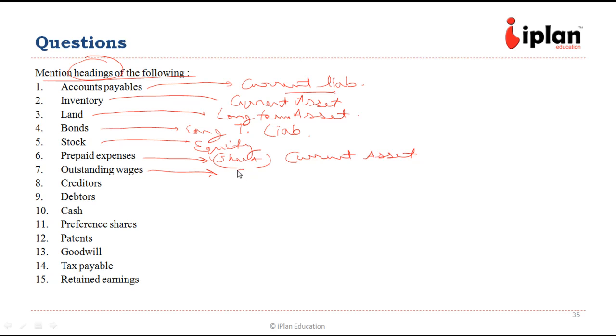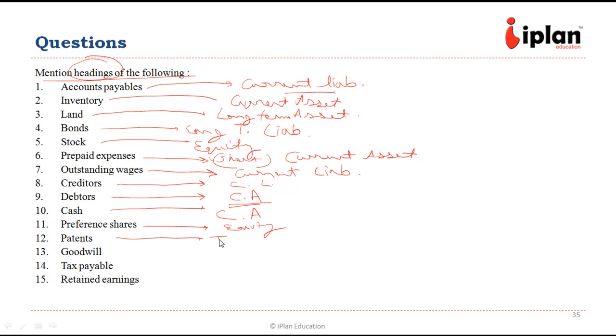The outstanding wages which are to be paid become a liability in the short term. So current liability. Creditors which are to be paid in the short term are again current liability. The debtors from whom we are expecting a payment become a current asset. Cash is also a type of current asset. The preference shares form part of equity. The patents are intangible long-term assets.